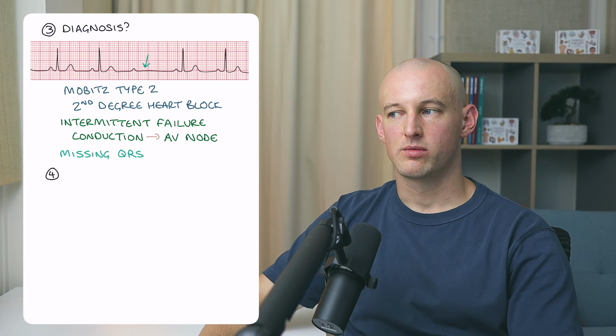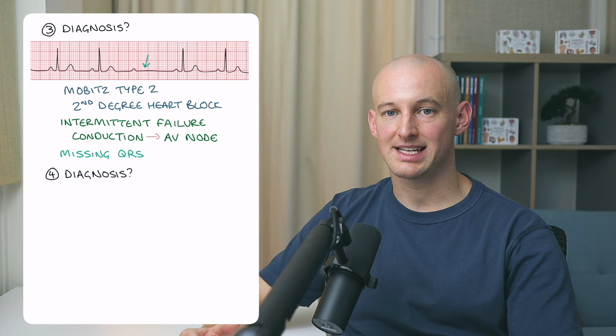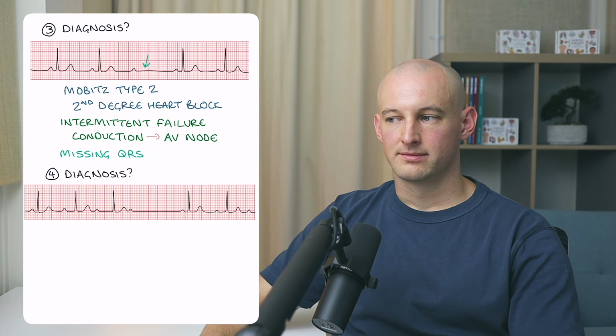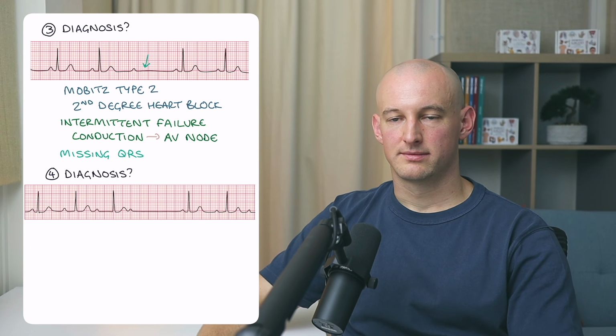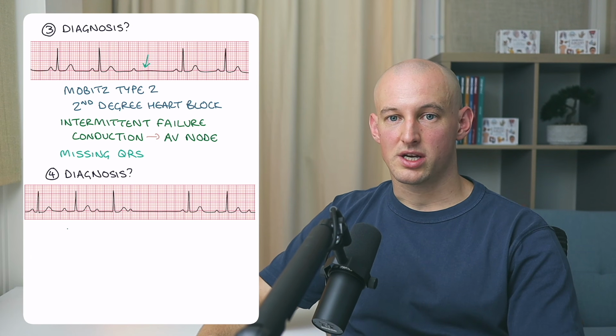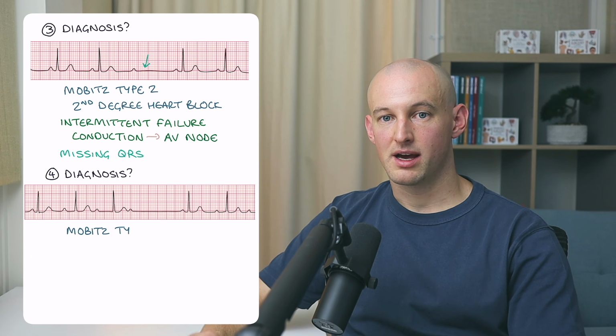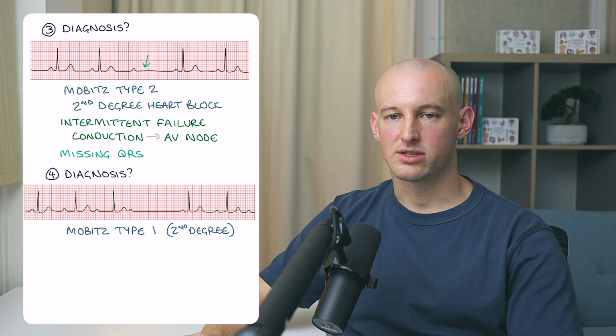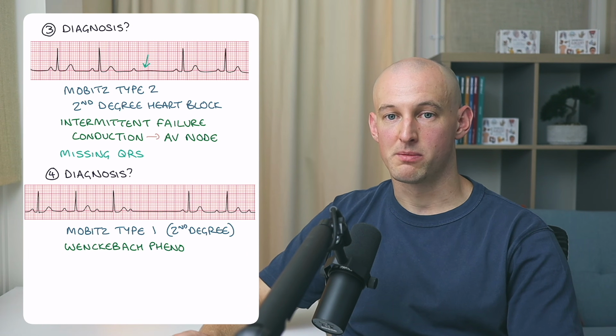Question 4. What's the diagnosis based on this ECG? This ECG shows Mobitz type 1, which is again a type of second-degree heart block, and is also known as Wenckebach phenomena.